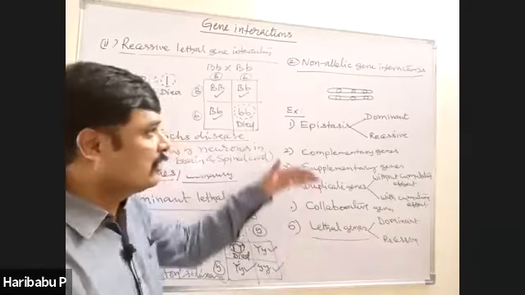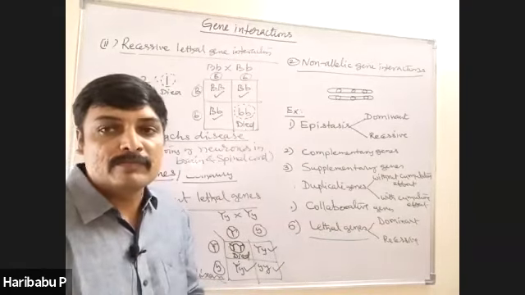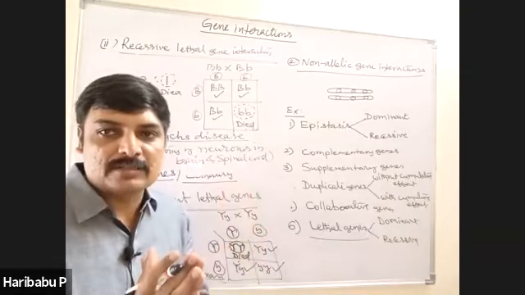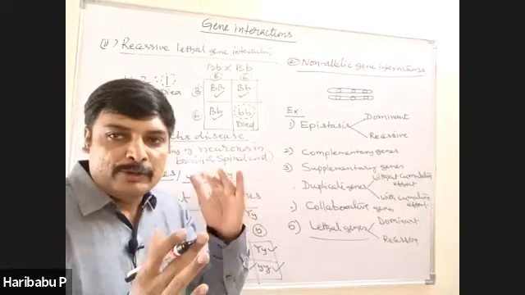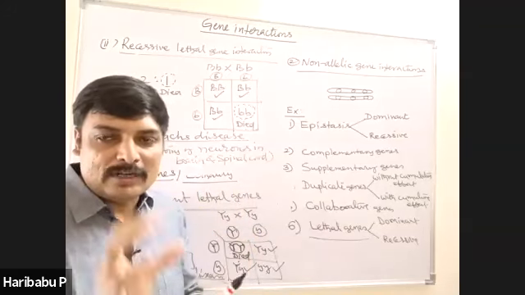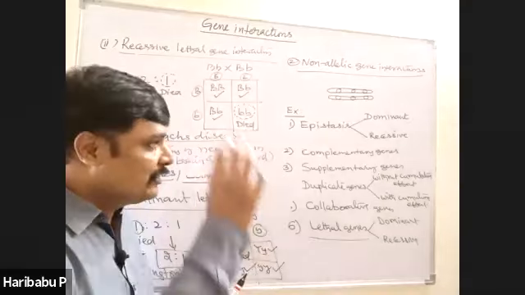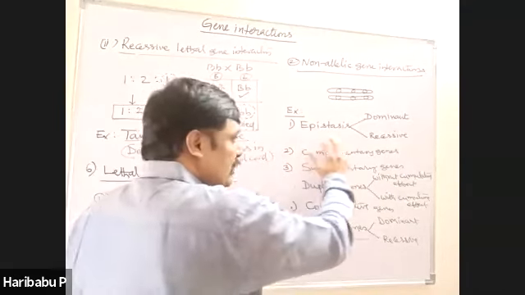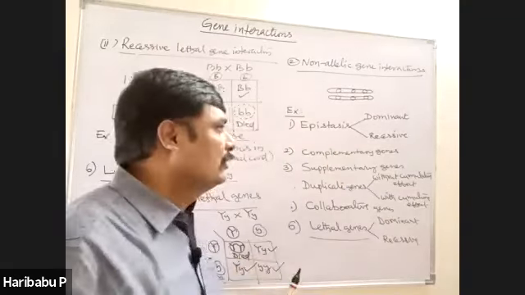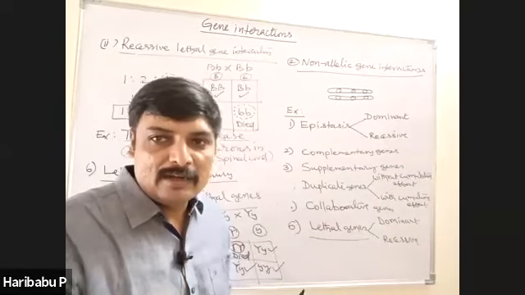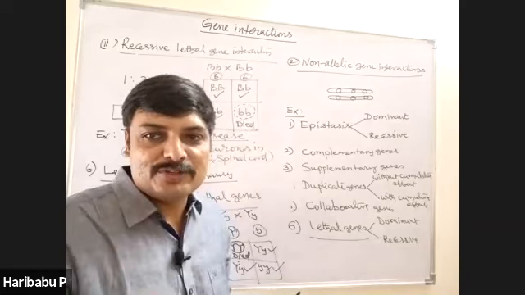Okay, these are the different kinds of non-allelic gene interactions. You have to understand what non-allelic gene interaction is, and for each interaction you have to understand the meaning, the example, and the modified ratio.